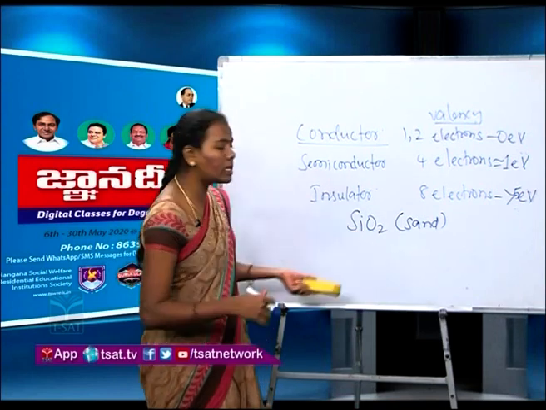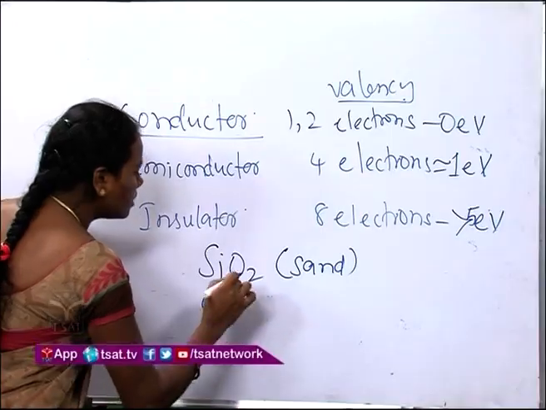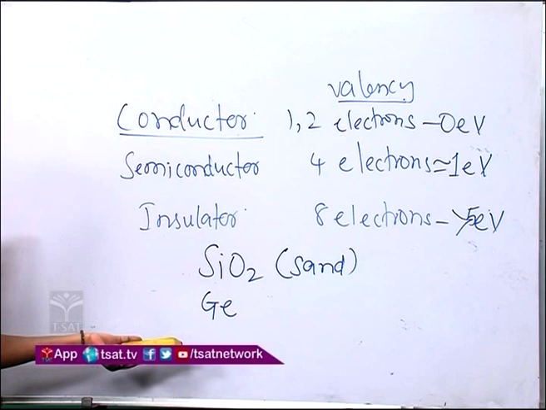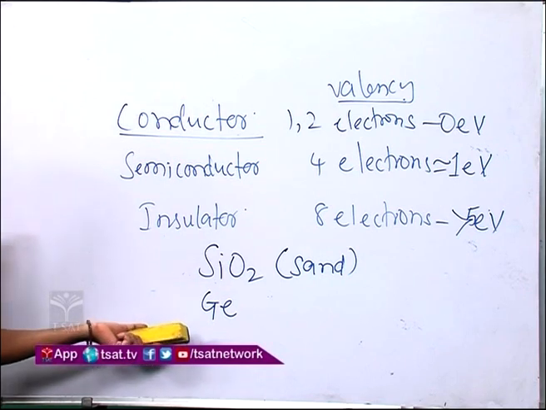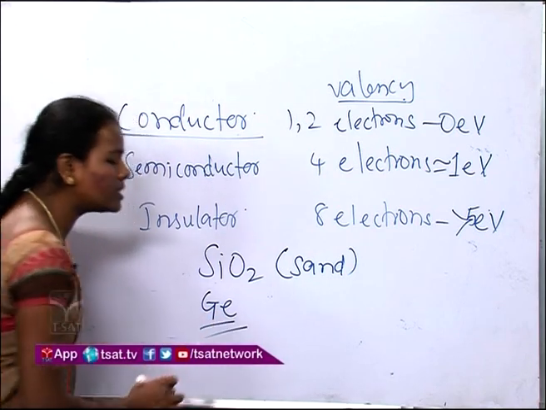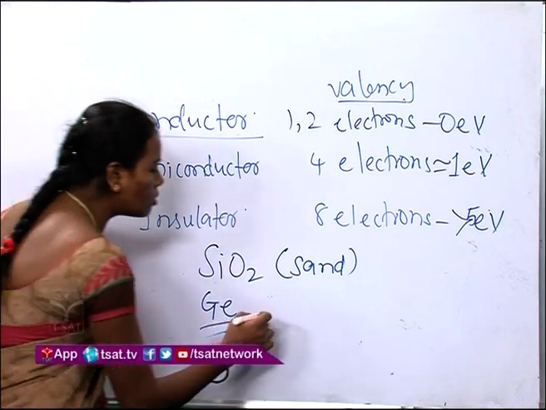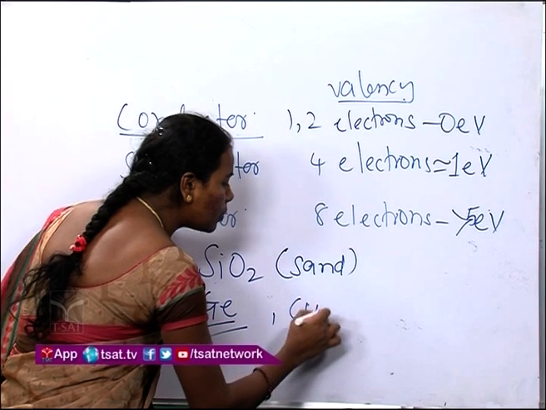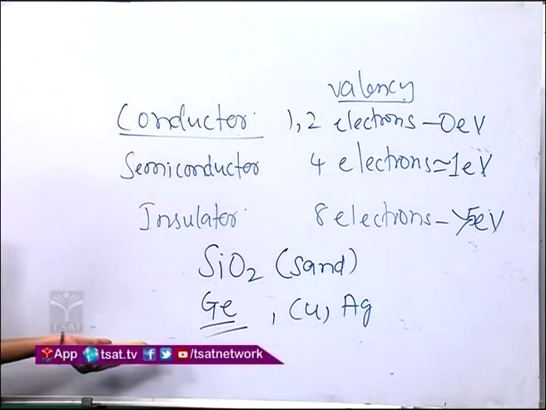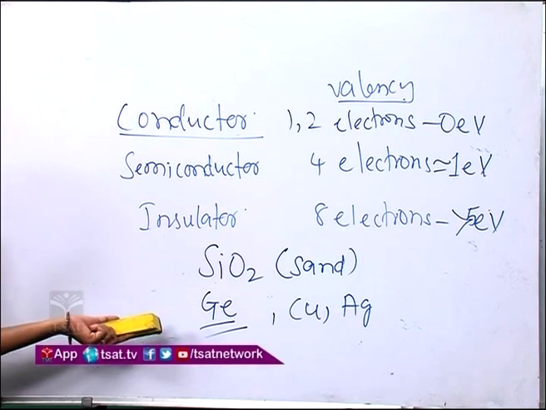Whereas germanium ores are less available, not as much as silicon. If you want to extract germanium, you have to go for some copper ores and silver ores, which is a very hectic process.